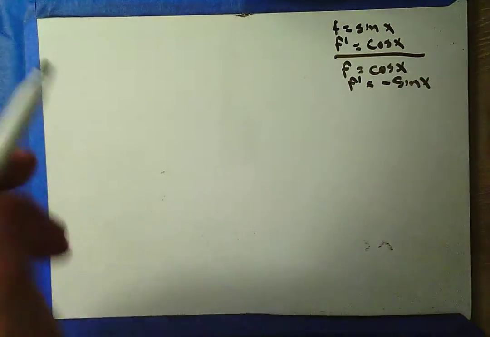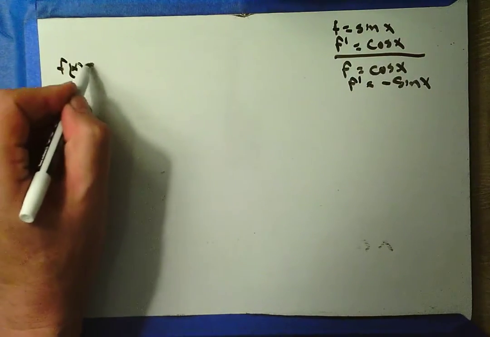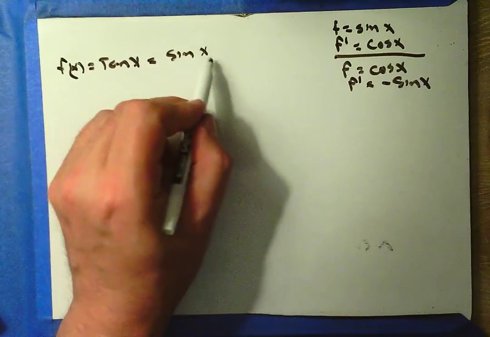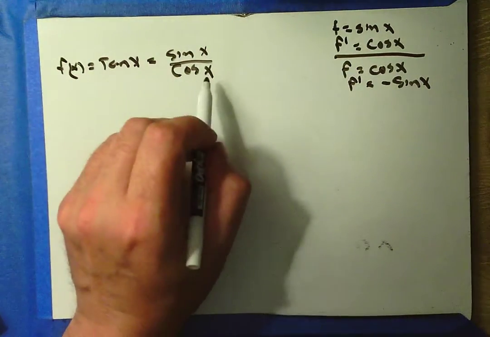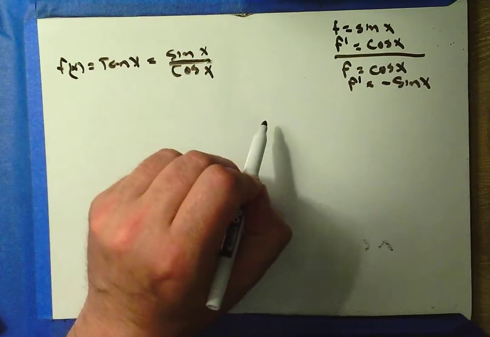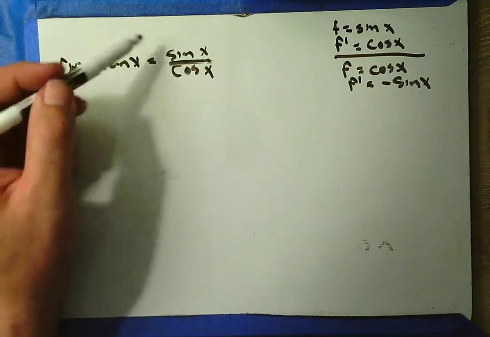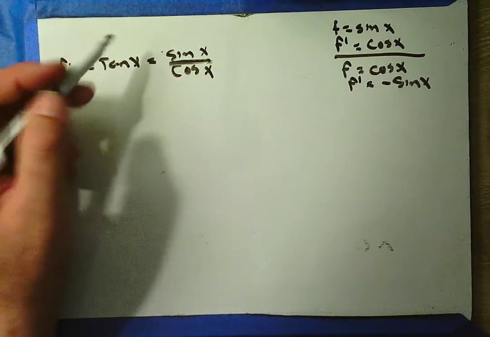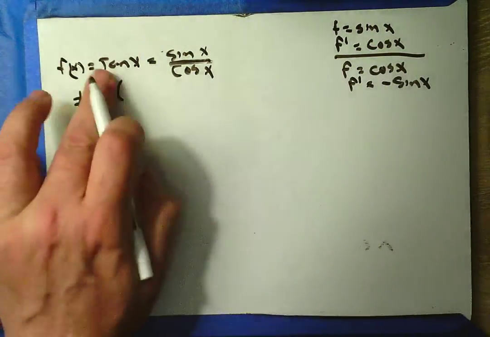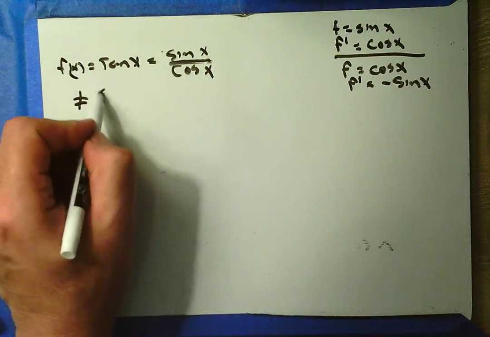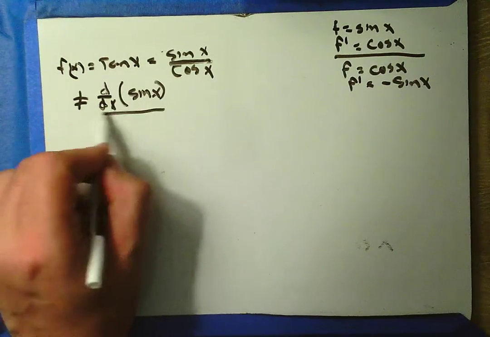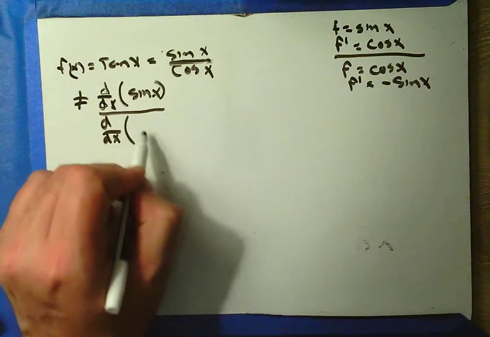All right, what about tangent? What if f of x equals tangent x? Well, tangent can be written as sine over cosine. And we know that this is a quotient. We've got some division here. The derivative of tangent is not the derivative of sine over the derivative of cosine.